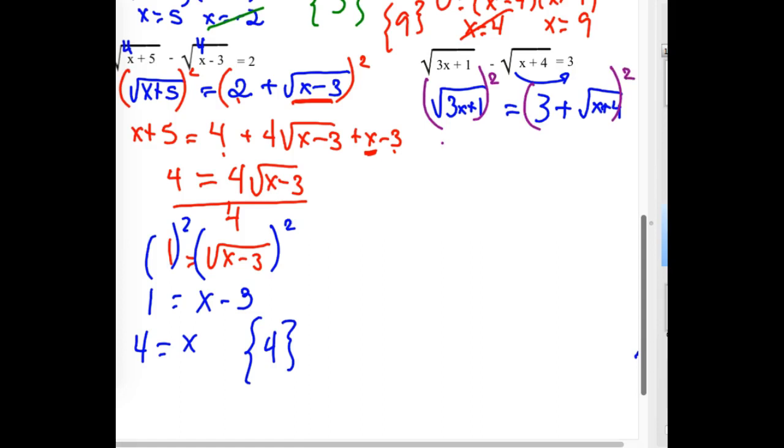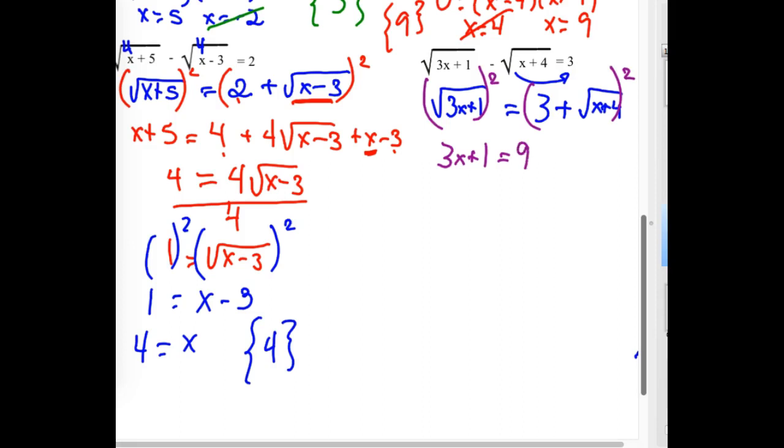On the left side, I end up with 3x plus 1. What do we get on the right side? Go through your pattern. What's the first piece going to be? Square the first term. What do we get? 9.